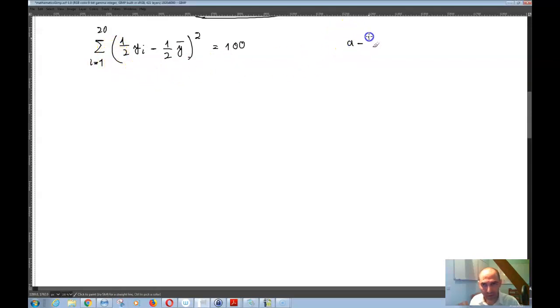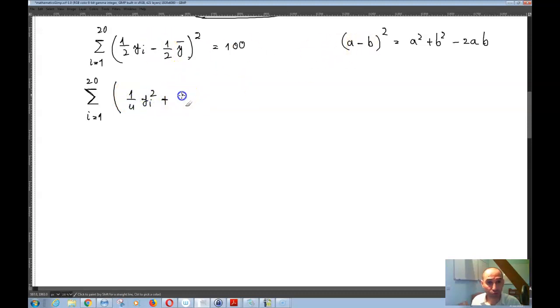So you know that a minus b raised to the power 2 is equal to a squared plus b squared minus 2 times ab. So if I write over here, I think the right way to do that would be this. Sigma, as I goes from 1 to 20, of a squared, which is 1 divided by 4 y of I squared, plus b squared, which is 1 divided by 4 y bar squared, and negative 2 times a, which is 1/2 y of I, and the other term, which is 1/2 y bar.